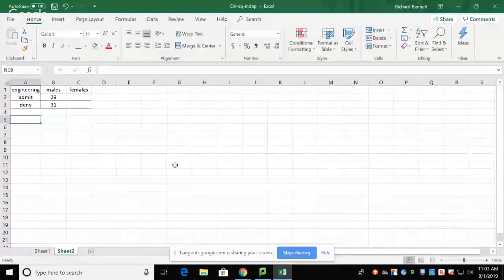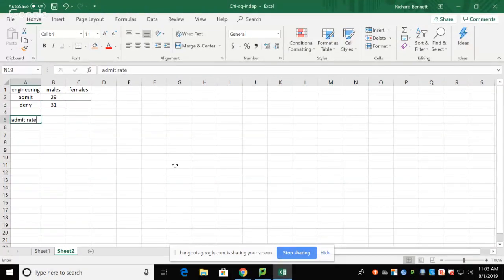What would be the admit rate? How would you figure that out, Chandler? What would be the admission rate for men? You need to add them up to get the total. So 60 men applied, and the admission rate would be?